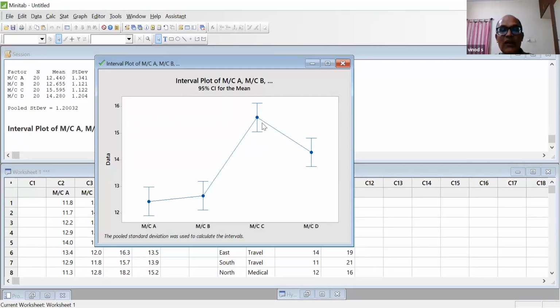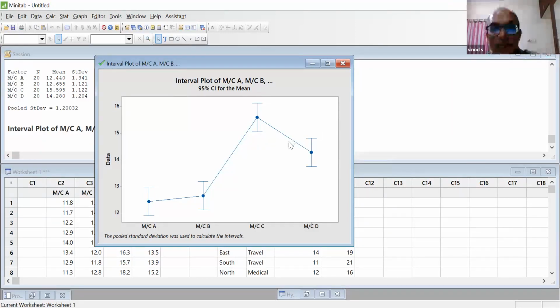This is a 95% confidence interval, but you can see that this is below that one. If the intervals overlap, then you can say it is not significant. But here they do not overlap. It is away from this, right? So this is also significantly different, right?